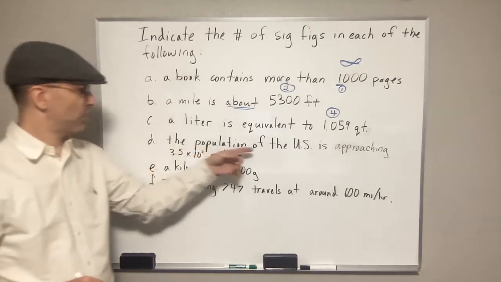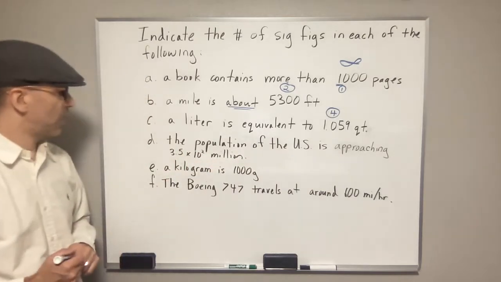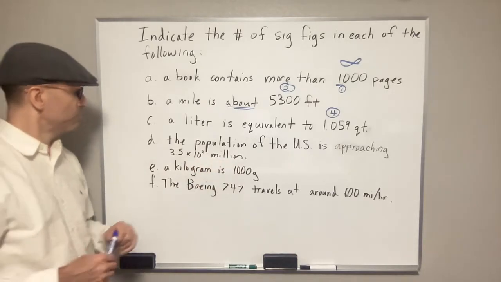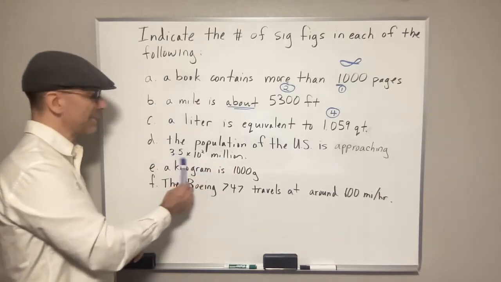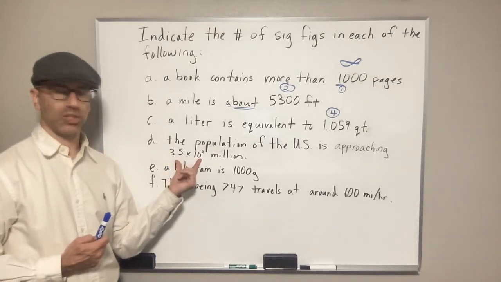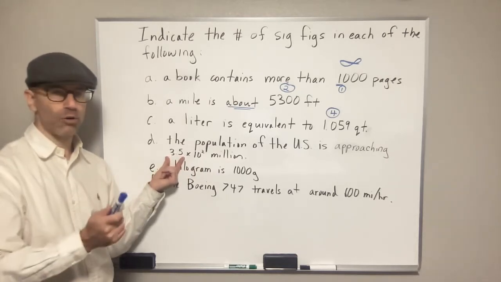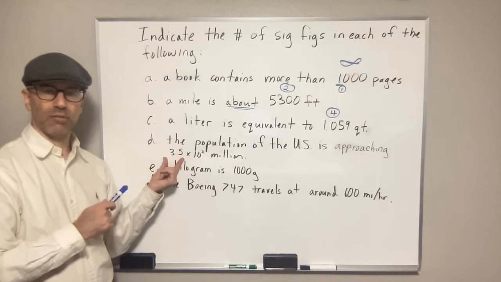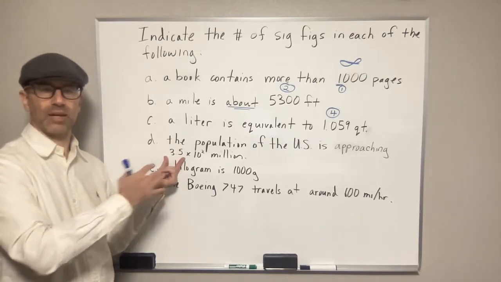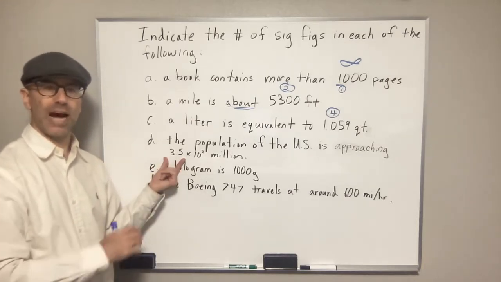The population of the U.S. is approaching this many million people, right? The great thing about scientific notation is that whenever they give you a number in scientific notation, any digits that are here, whether they're zeros or not, are automatically significant, because when you write them in scientific notation, the number of sig figs is accounted for.